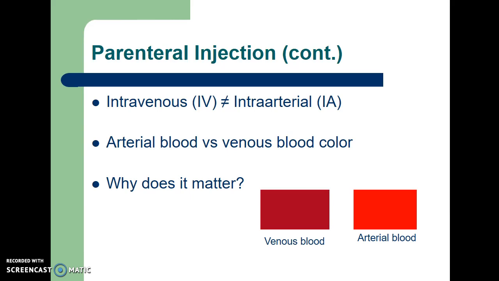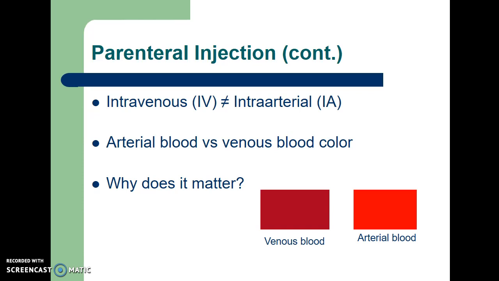Let's say we give an injection in the jugular vein of a horse versus a carotid artery injection. So, where does the jugular vein injection go? And where does the carotid artery injection go? If you said that the jugular vein injection goes to the heart, you're correct.